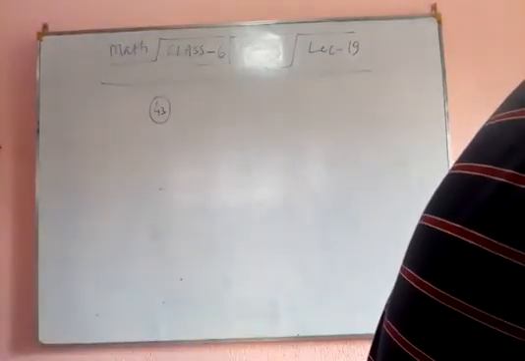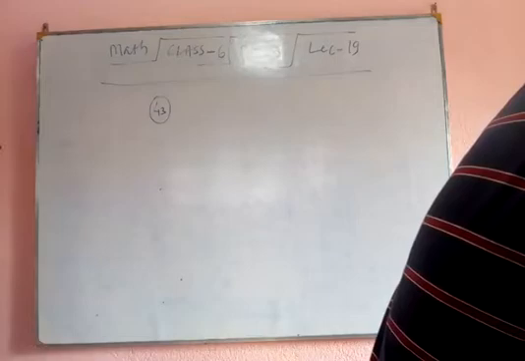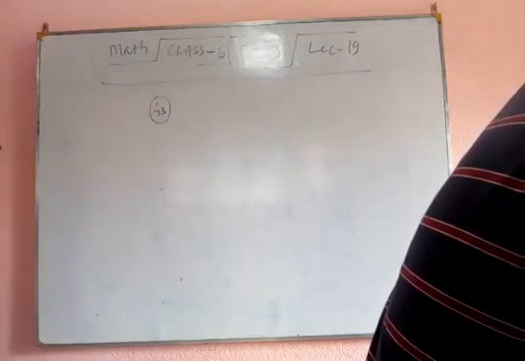The HCF of two numbers is 21 and their LCM is 3003. If one of the numbers is 231, find the other.